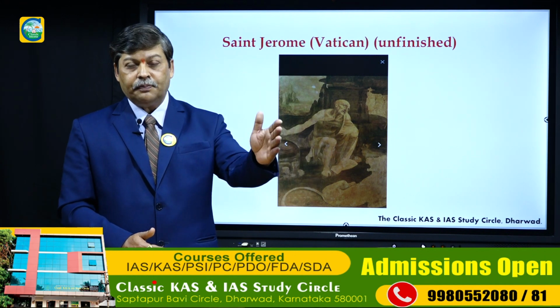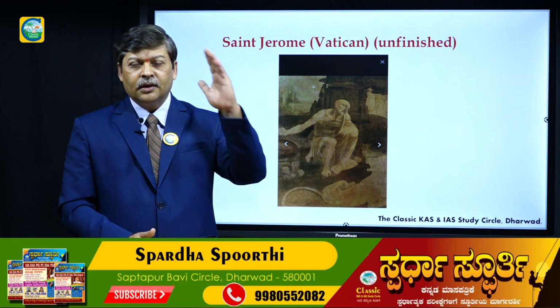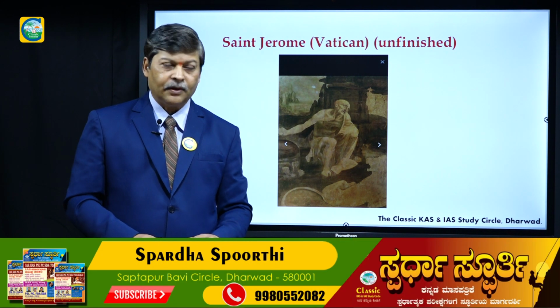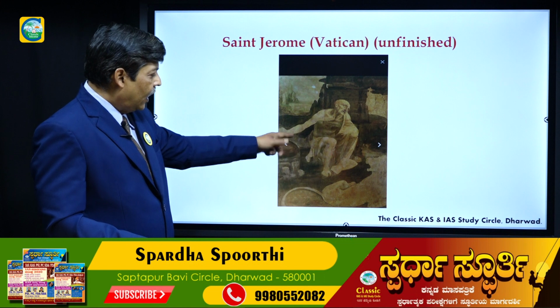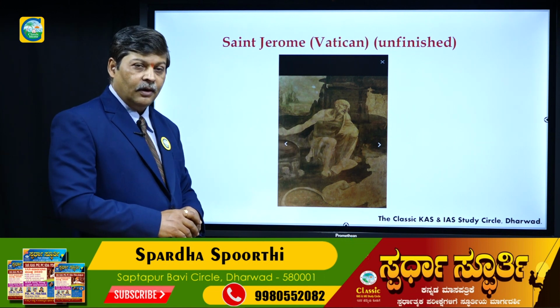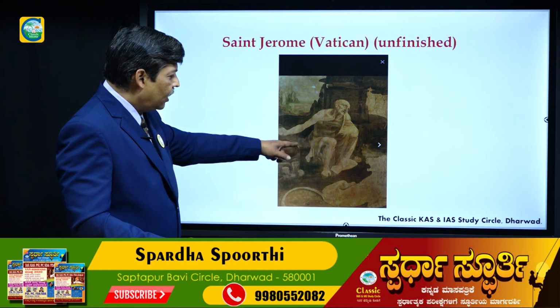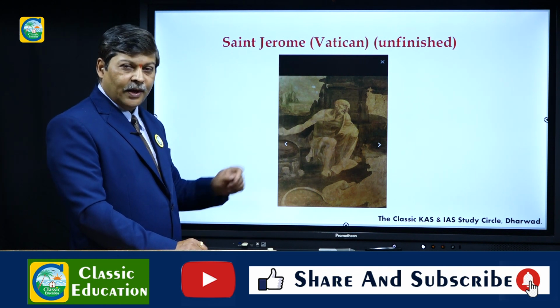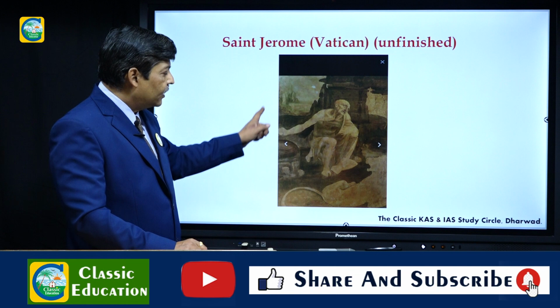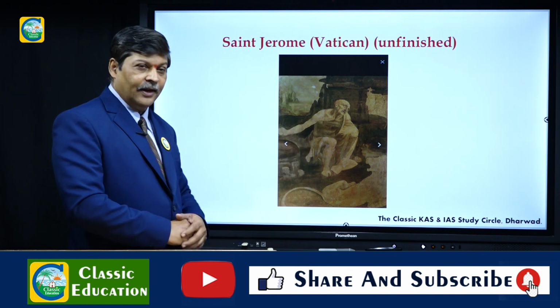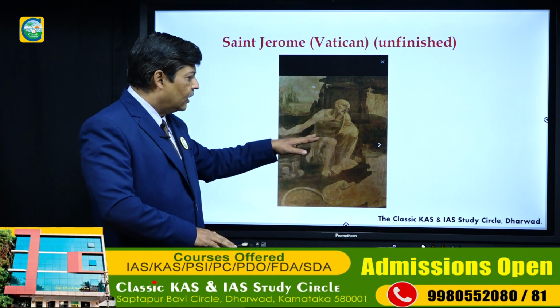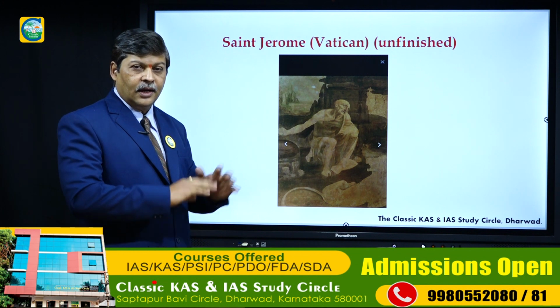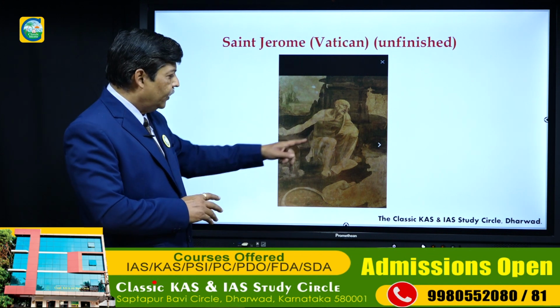And this St. Peter's Basilica has the most beautiful paintings. This is one of the paintings of Leonardo da Vinci, which is present in the Vatican Museum. But this is an unfinished painting. You can see the painting is not finished; some parts remain untouched. This is Saint Jerome, and these are untouched parts.